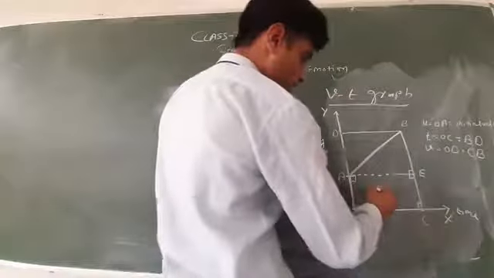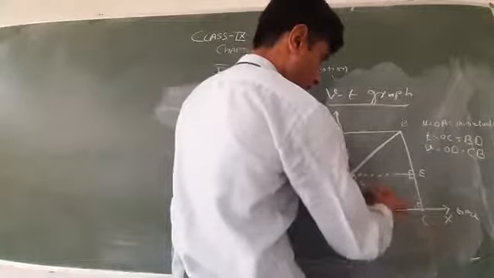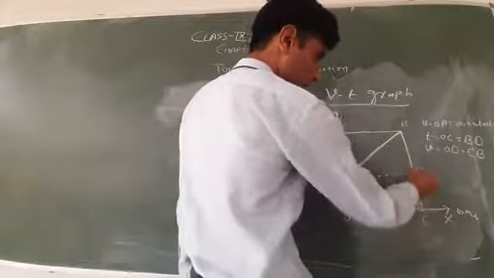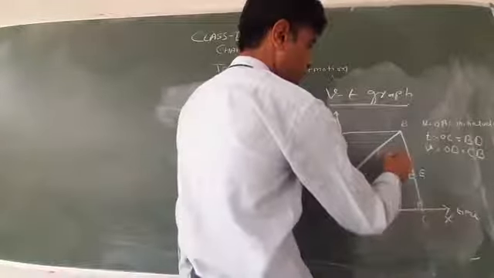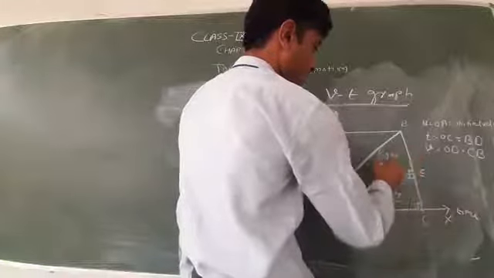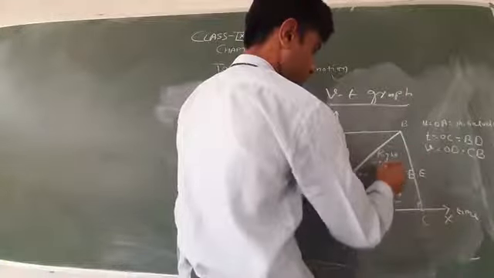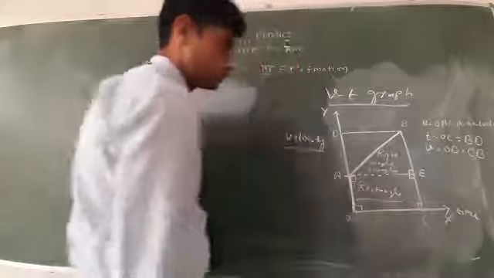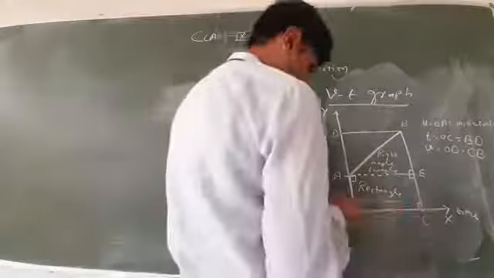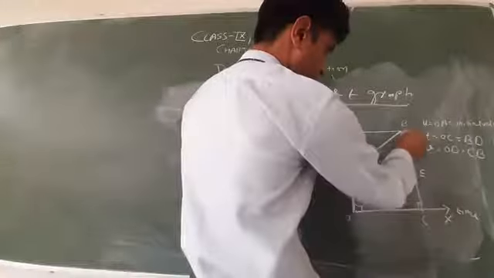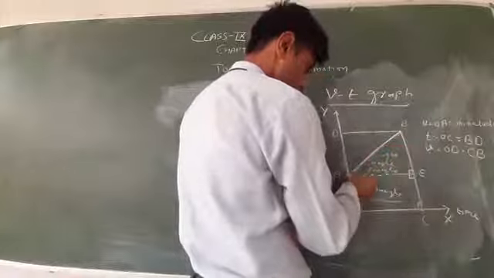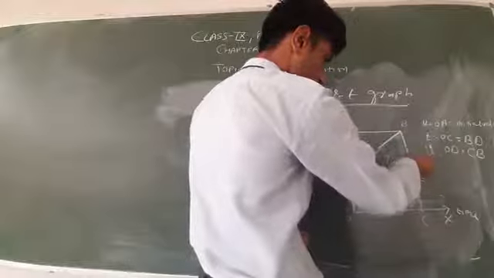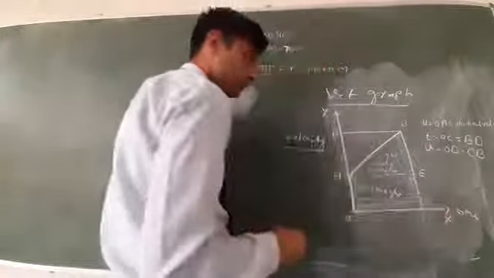It means it is a rectangle, and since it is 90 degrees, it is a right angle triangle. And this total region lies as a trapezium.